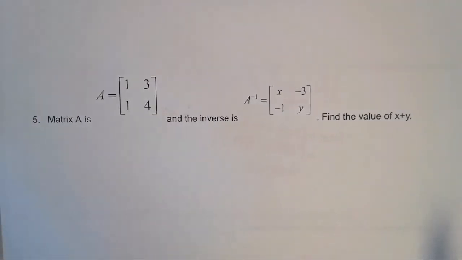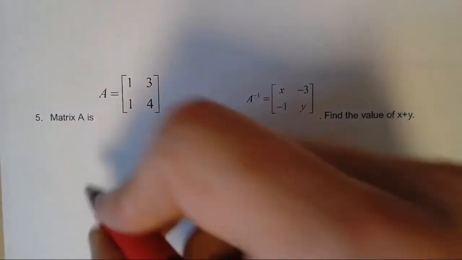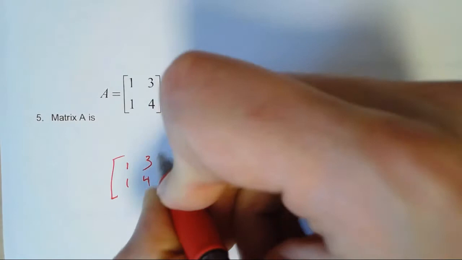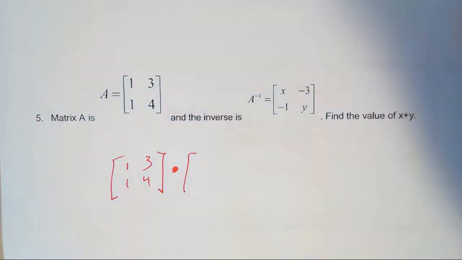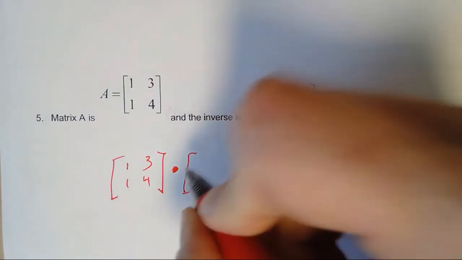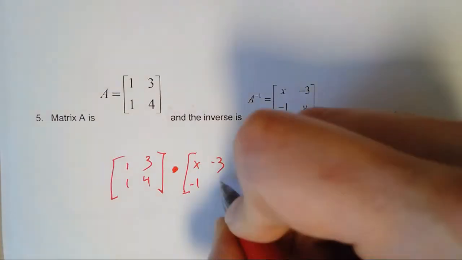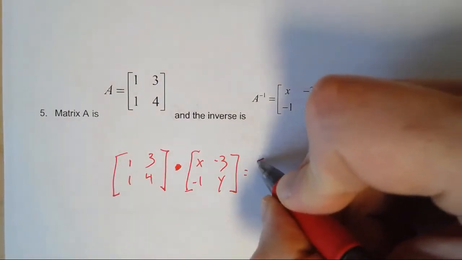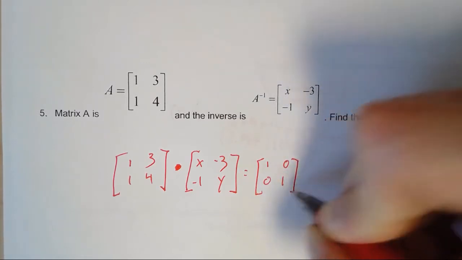Down to number 5. We're given that these two are inverses. Now that means that when we multiply, oops, that should be a multiplication symbol, when we multiply these two matrices, we know what the answer is going to be. We know that the answer will be 1, 0, 0, 1.